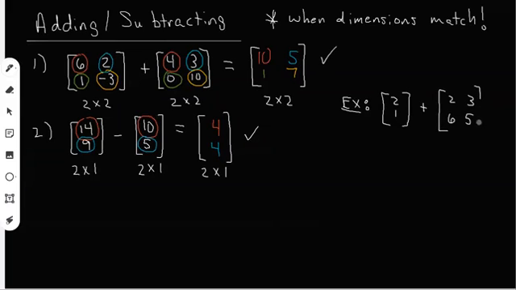We can't add 2 matrices like this. You can't do it. And that's because you have this extra column over here that isn't matched over here, right? This is a 2 by 1, while this matrix is a 2 by 2. So the dimensions don't even match, right? And if the dimensions don't match, we can't add these 2 matrices. So we can't do that.